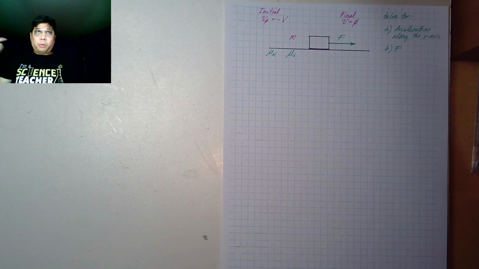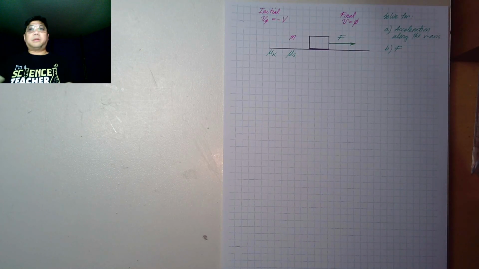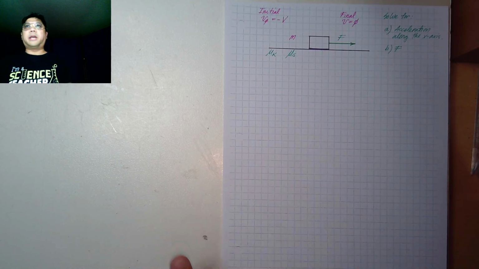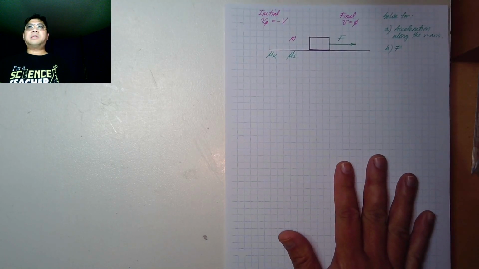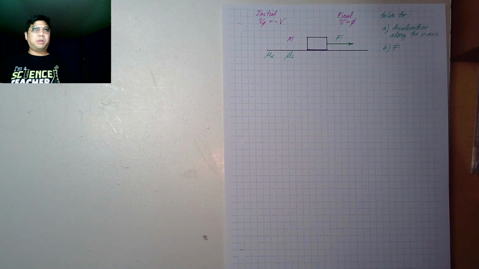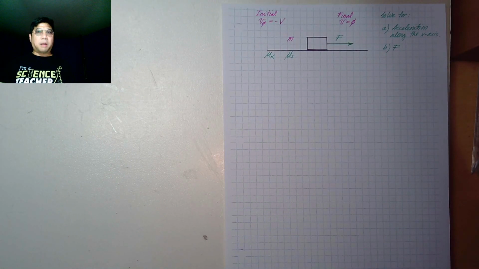So we can still say that there is no change in motion along the y-axis. There is only a change in motion along the x-axis, as it is being asked, or this is what we're supposed to be looking for. Then F is the amount of force that is applied to cause it to stop.